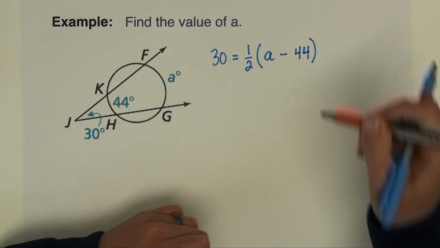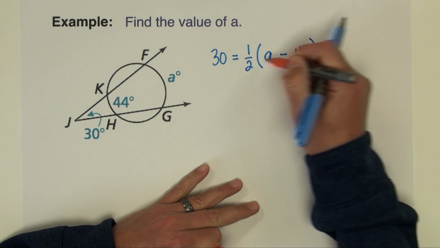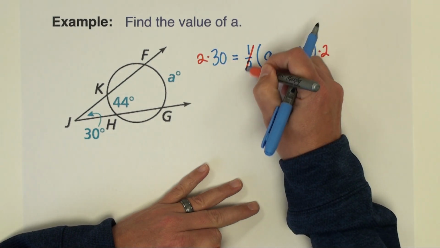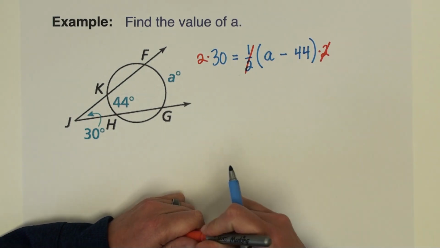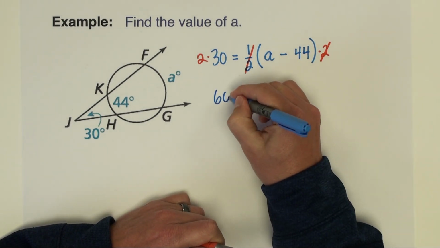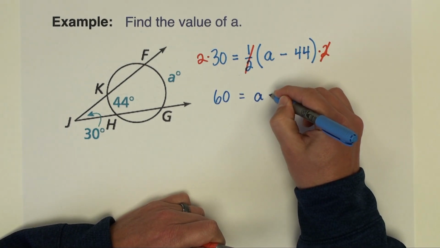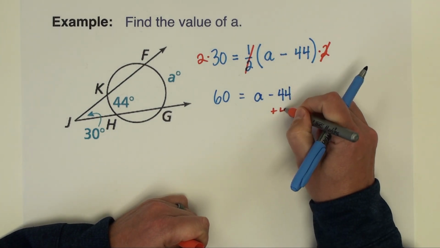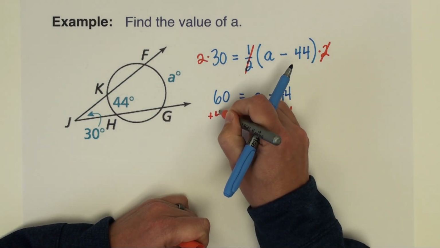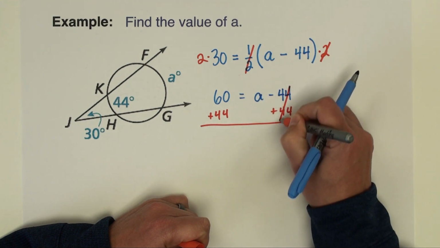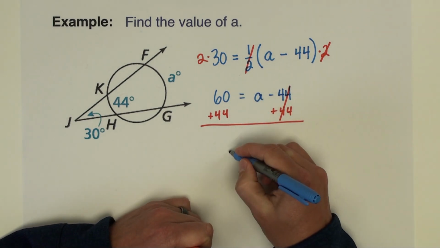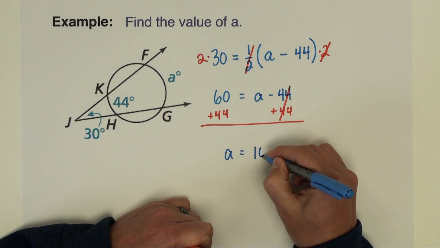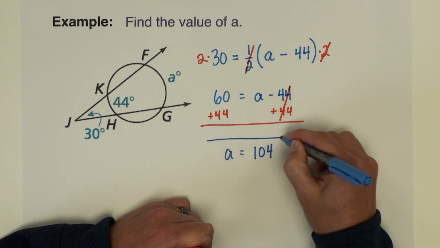I will begin by multiplying both sides by 2 to cancel out the half. So we've got now 60 equals A minus 44. We'll add 44 to both sides, and we get A equals 104.